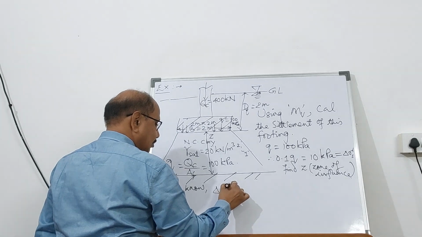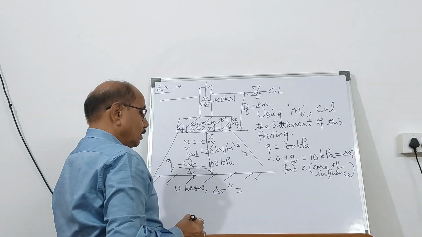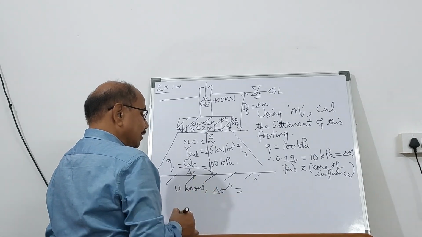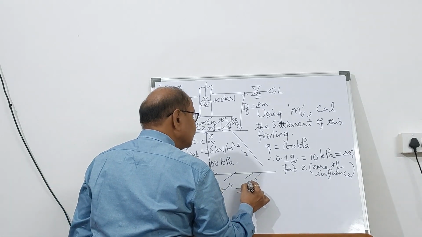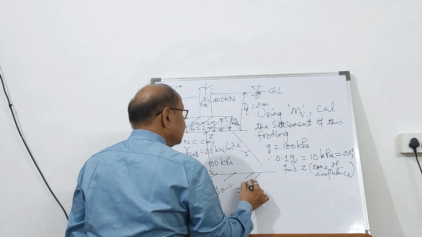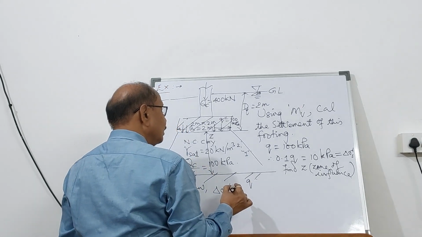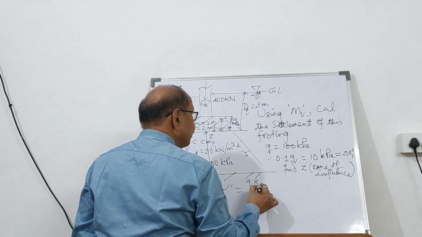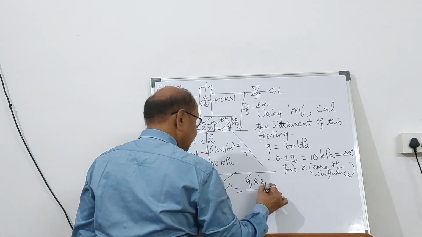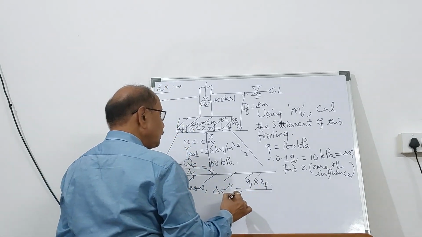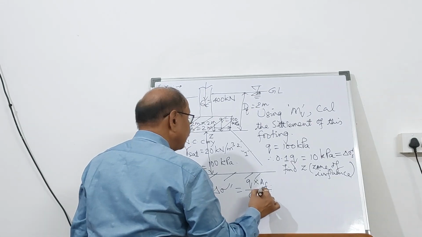delta sigma prime, the increase in vertical stress or vertical pressure, is given as this: q, that is the intensity of loading, multiplied by the area of the footing, divided by B, the width of the footing.